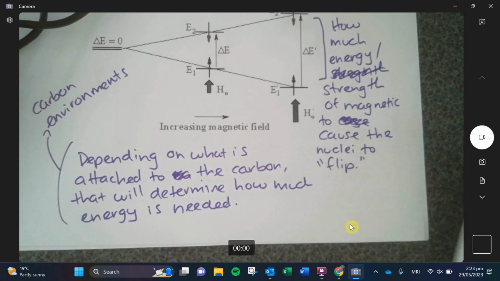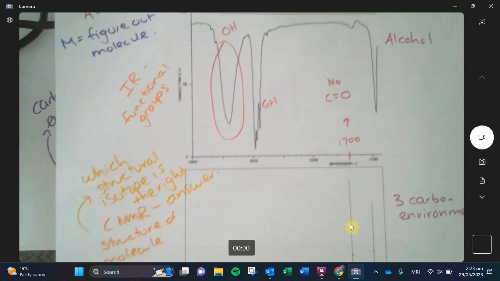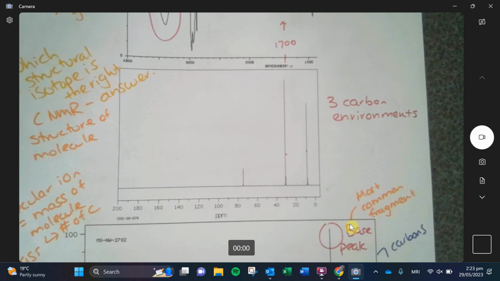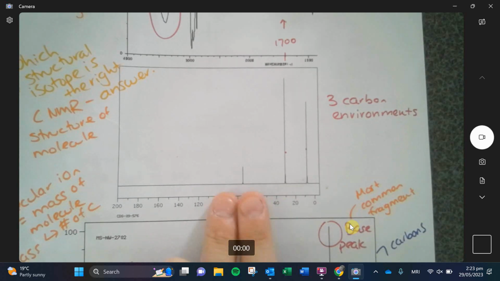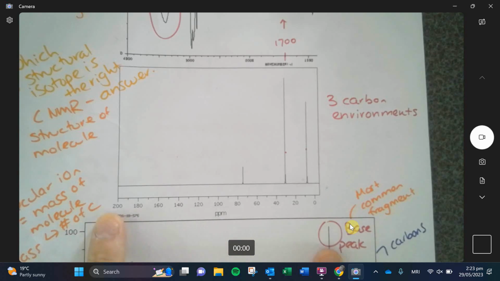Yes? All right. I just want to go back to question number 1 that you've done in your packet, just because we've been working through this question quite a bit. I want to look again at the carbon NMR data here. We know that there are 3 different peaks. If we look at the bottom, the ppm refers to the strength of the magnet.